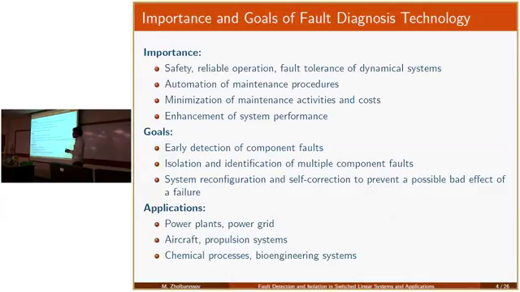It is an issue of primary significance since it provides reliable operation, safety, and fault tolerance of dynamical systems, as well as automation of maintenance procedures, minimization of maintenance activities and costs, and enhancement of system performance through the early detection of component degradation, isolation and identification of multiple component failures, and system reconfiguration after a particular failure.